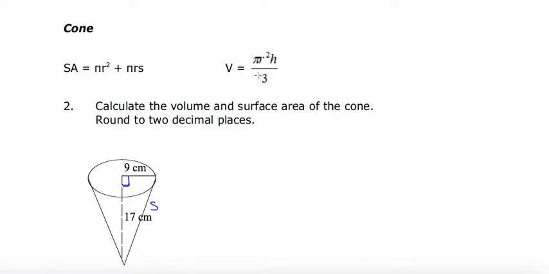My volume can be found by taking the area of my circle, so that's the pi r squared, times the height of the cone, which is 17 in this case, and then dividing it by 3.